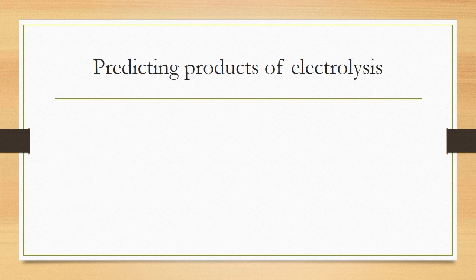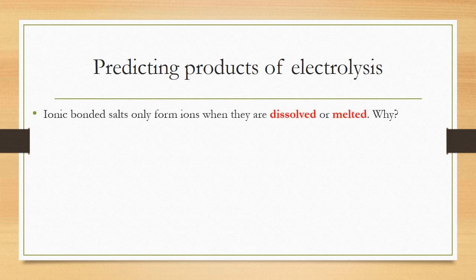So how do we predict the products of electrolysis? Ionic bonded salts can only form ions when they are dissolved or melted. Why is this? Pause the video now and think about that. The reason, of course, is that when it's a solid, all the charges are electrostatically attracting each other.